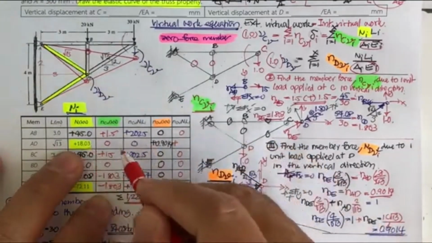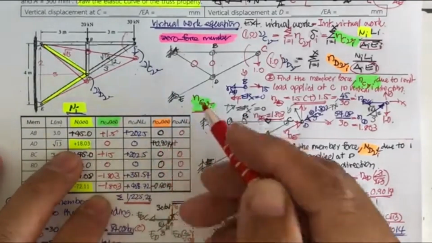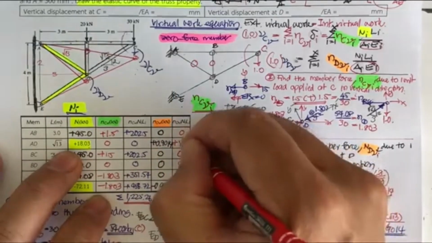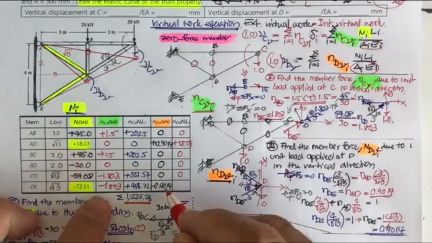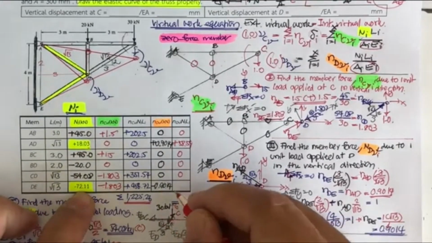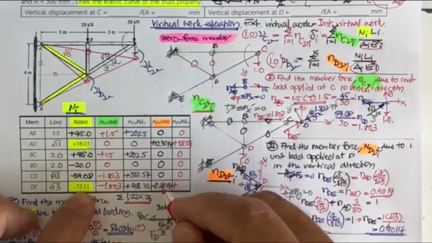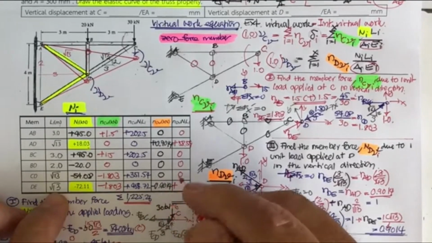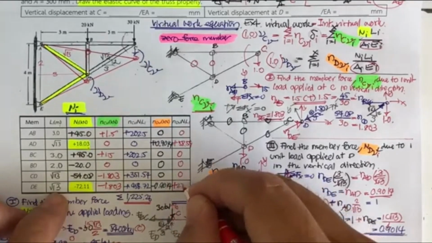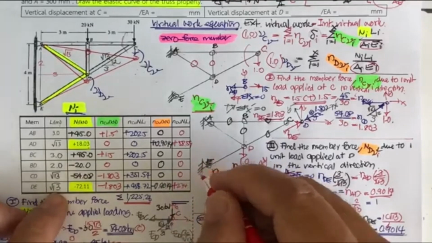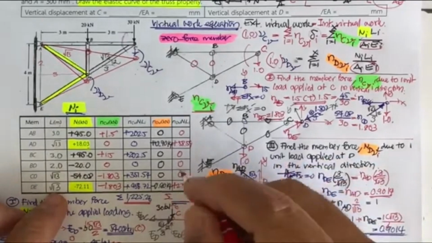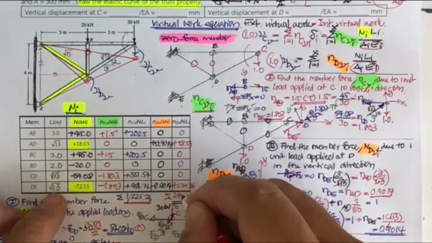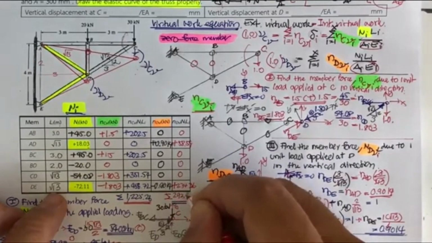Okay, this one and this one, you're gonna get 58.59, and this one times this one, minus is going to be plus, and times square root 13, that is 234.36. Again, if you do the summation, you may get 292.95.